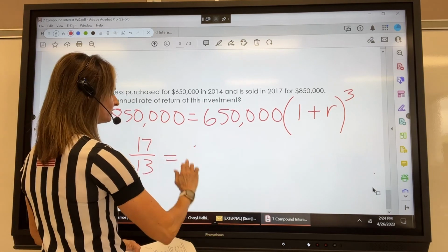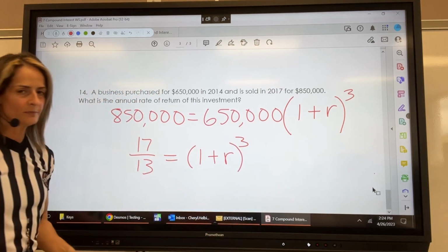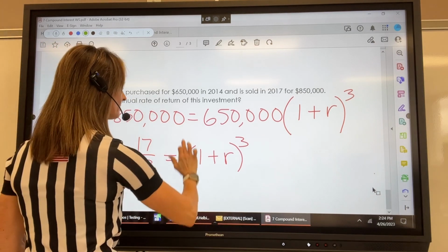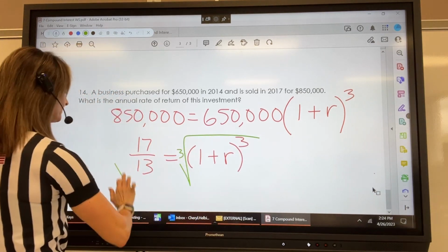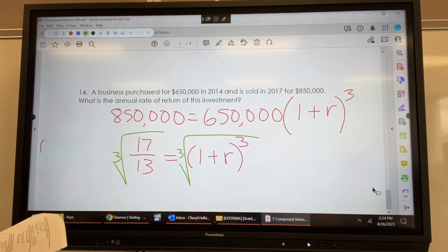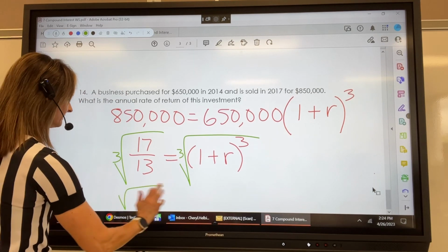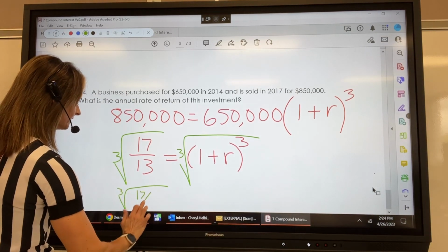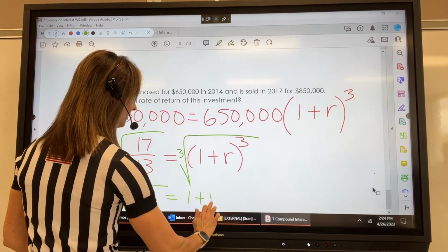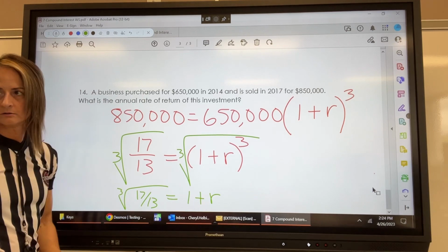And that's equal to 1 plus R cubed. Cube root both sides, so this just becomes 1 plus r. So now I've got the cube root of 17 over 13 equals 1 plus r. So r equals this minus that 1.